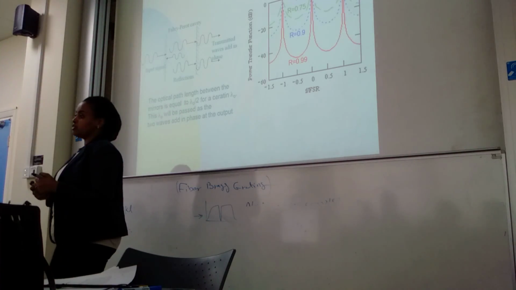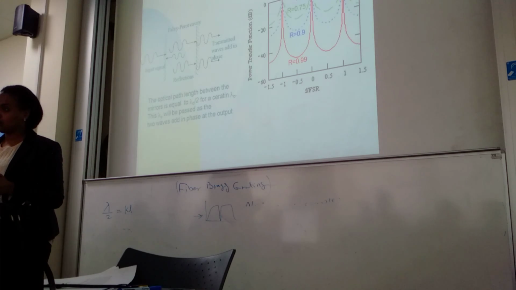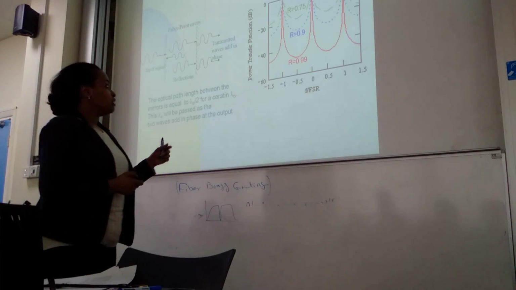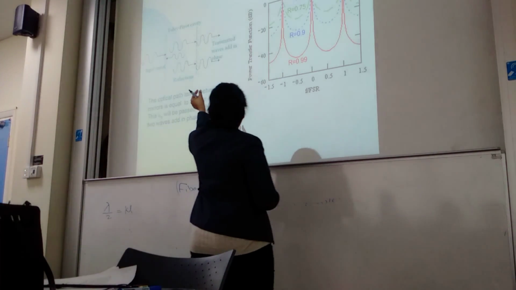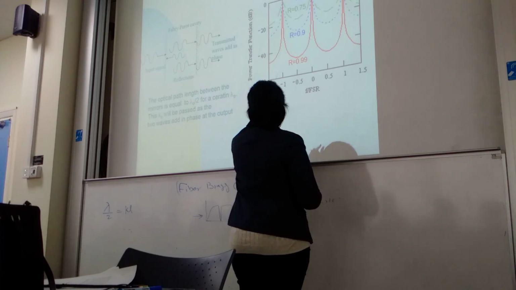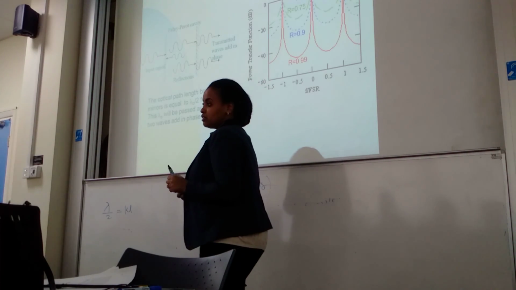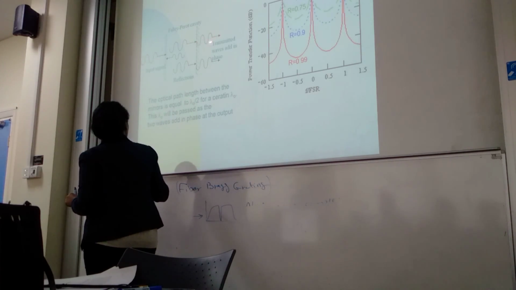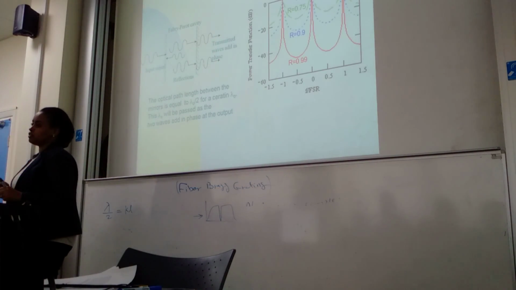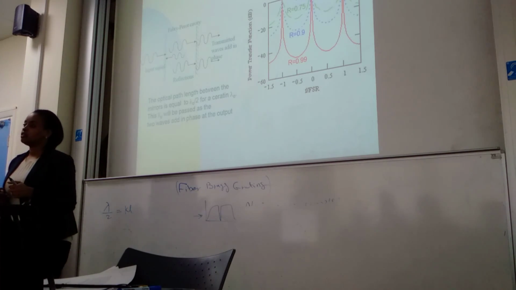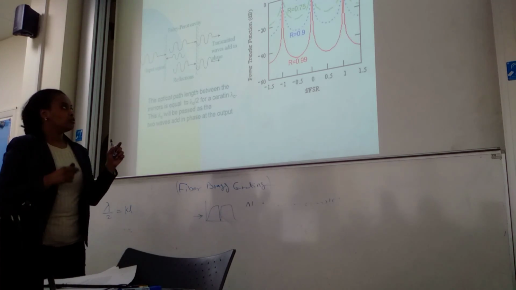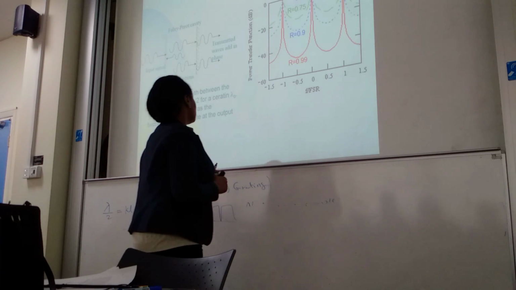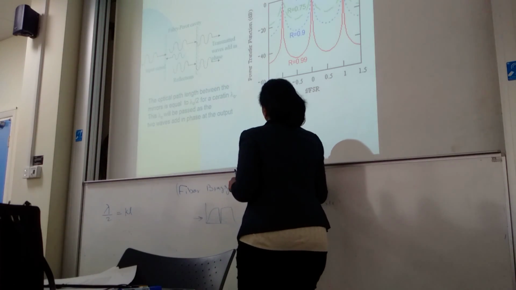So they will add together constructively. So then this will be the signal passed through the filter. The other signals will not add constructively, they will not be in phase. So this is the idea behind the Fabry-Perot filter.